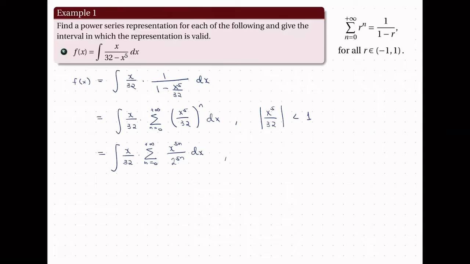And then our condition for x is the absolute value of x over 2 must be less than 1. Okay, so dito, kunin nyo lang yung fifth root ng both sides of this inequality. Okay? Okay, and then simplifying further, we have the integral of the summation from n equals 0 to positive infinity of x raised to 5n plus 1 over 2 raised to 5n plus 5 dx.